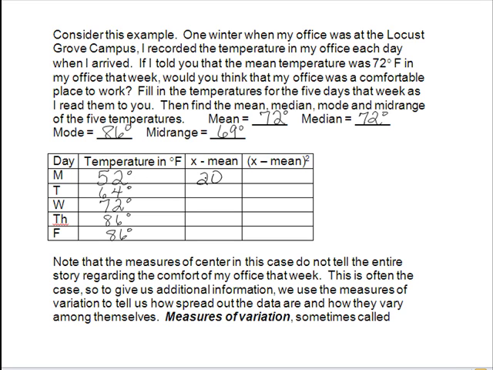If I take 64 minus 72, I'm going to get a negative 8. If I take 72 minus 72, and 86 minus 72 is, what, 14? Positive 14. And so that would also be a 14.